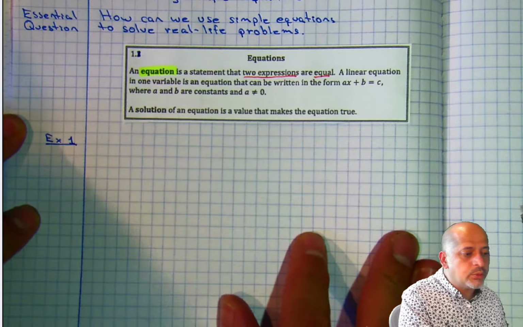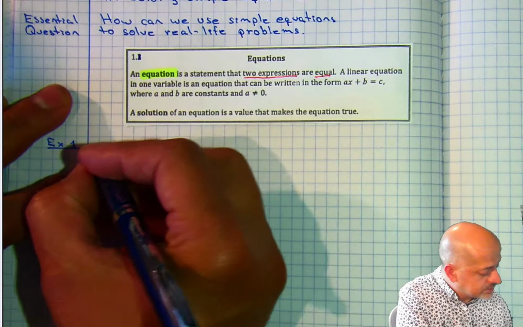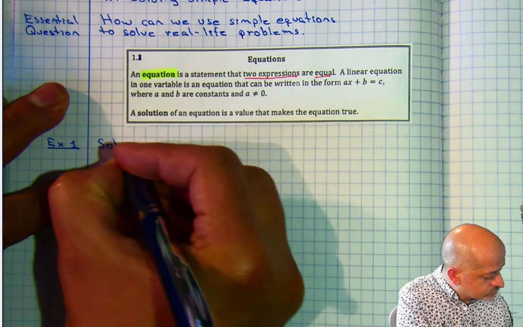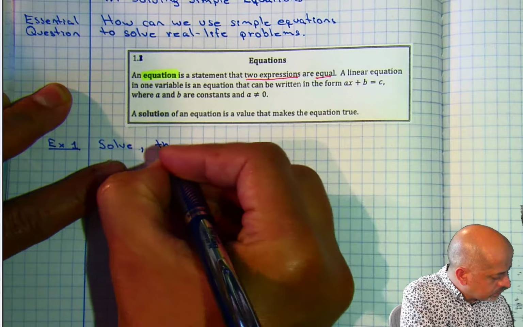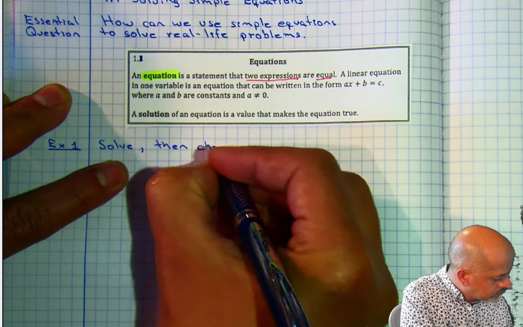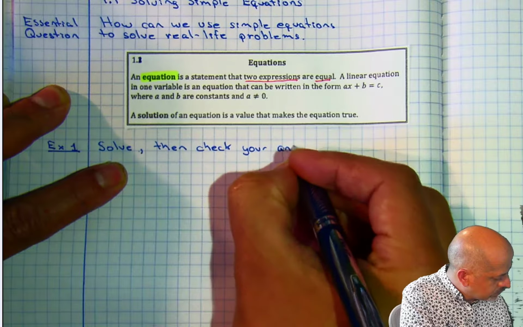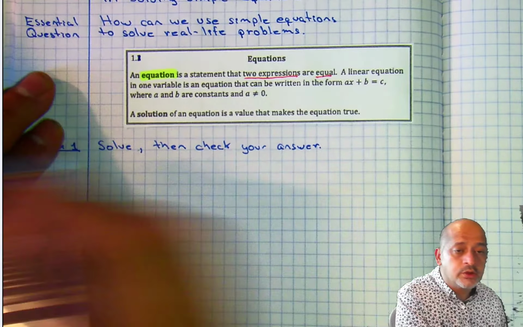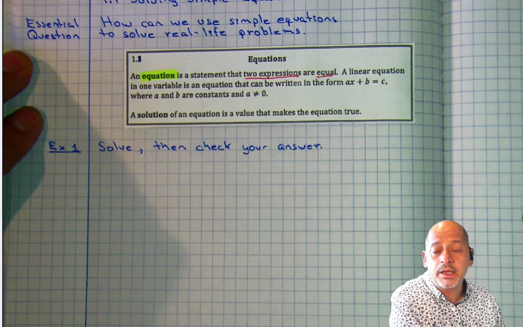To start with example number 1, write the instructions down. You must write down the instructions, just like I am doing right now. Solve, then check each answer. On the first 2 columns, we are going to make sure that the answer is correct by plugging it in.